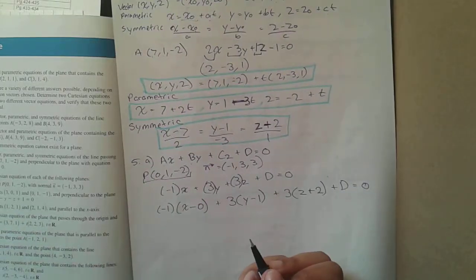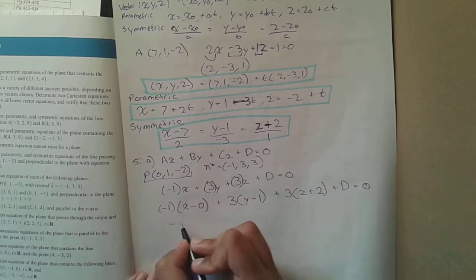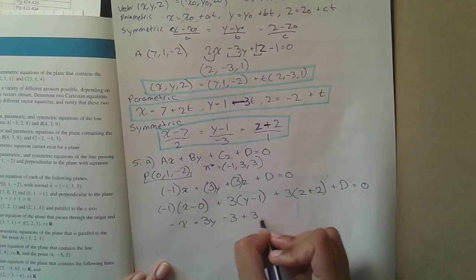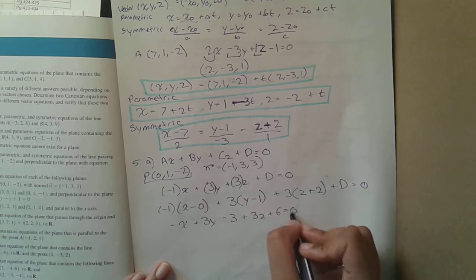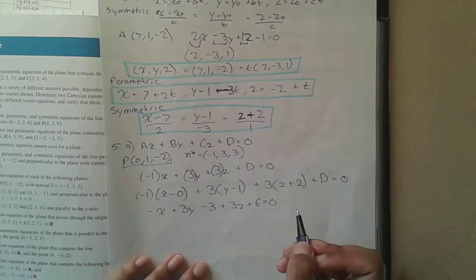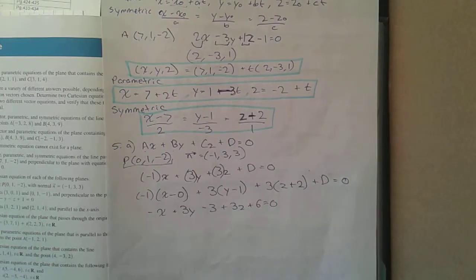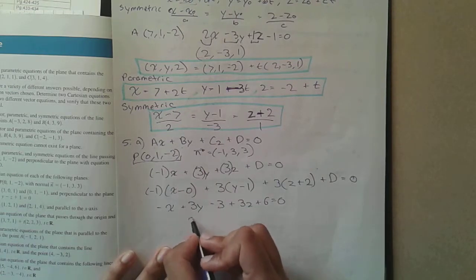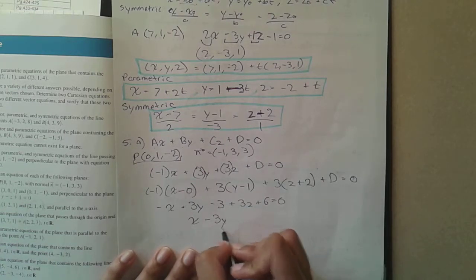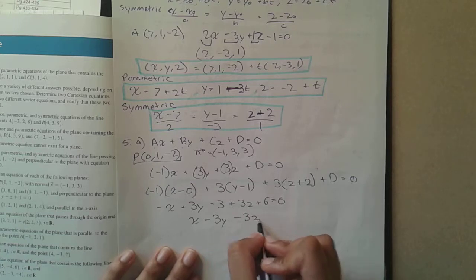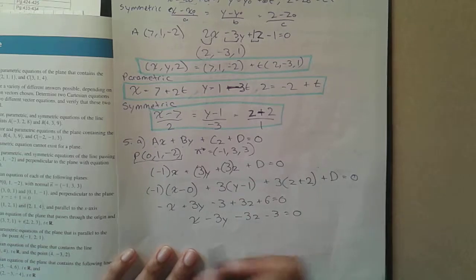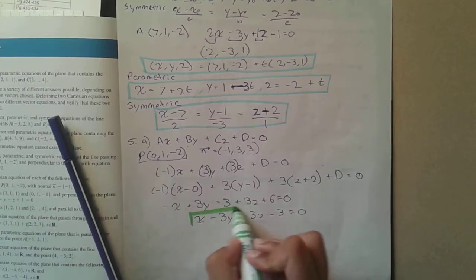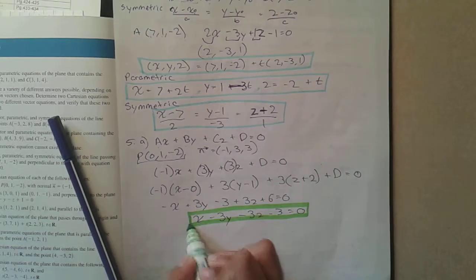Now we use the distributive property and simplify everything. When we simplify it more, it's x minus 3y minus 3z minus 3 equals 0. So that's the Cartesian equation for 5a.